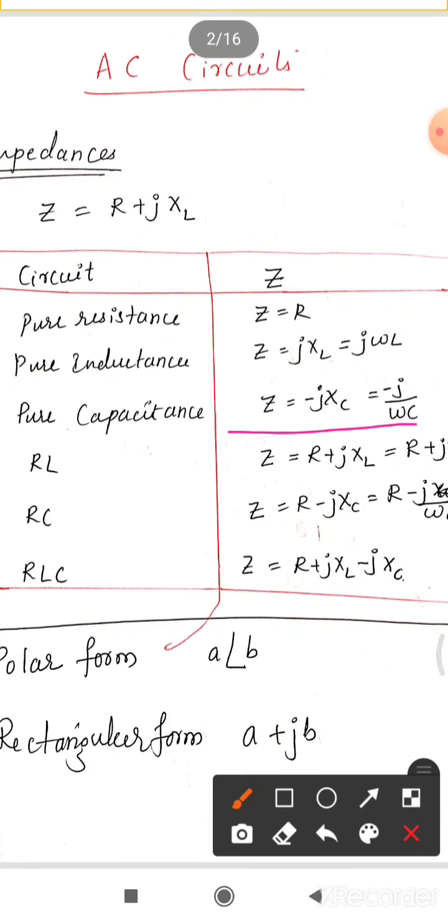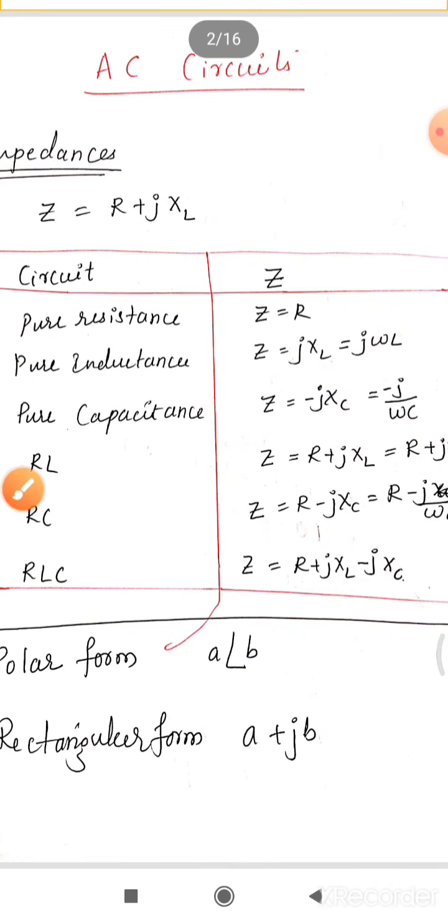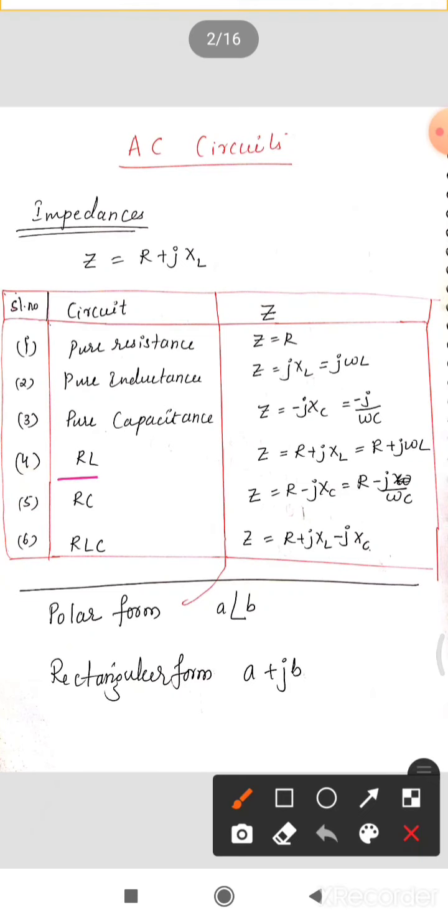Why is it so? Because we have 1 divided by j omega C, and 1 divided by j can be written as minus j. If your circuit consists of RL, then impedance will be R plus jXL. If it is RC, then it is R minus jXC. If your circuit consists of RLC, then it will be R plus jXL minus jXC.